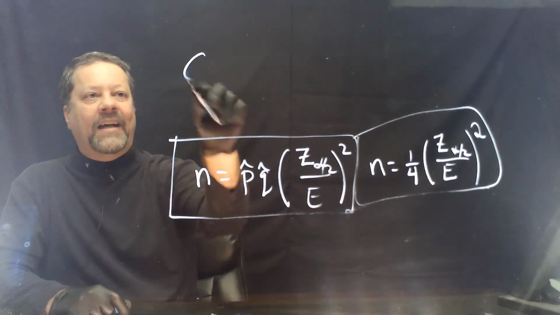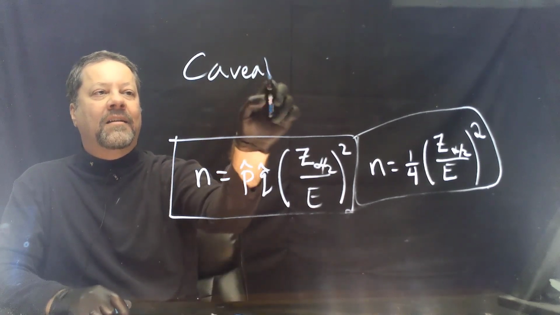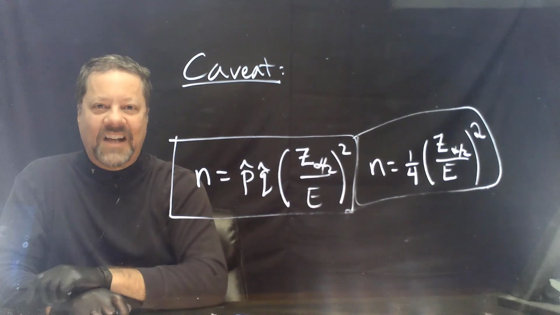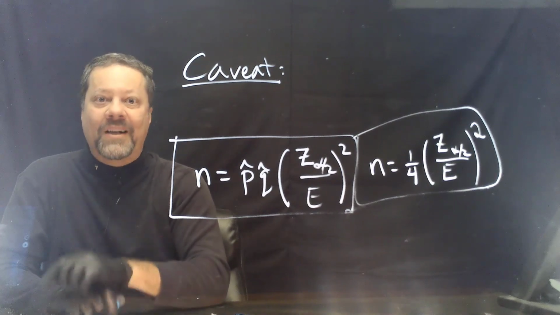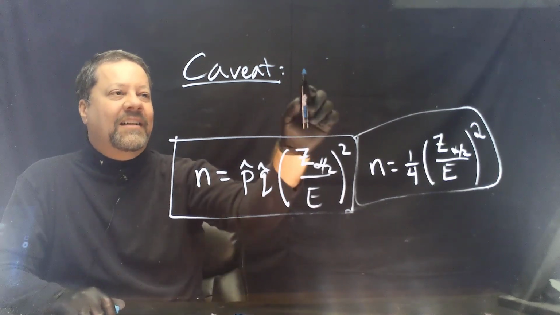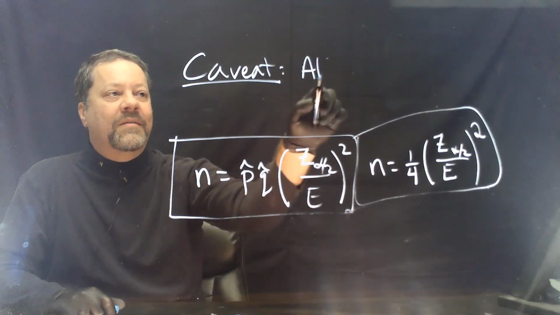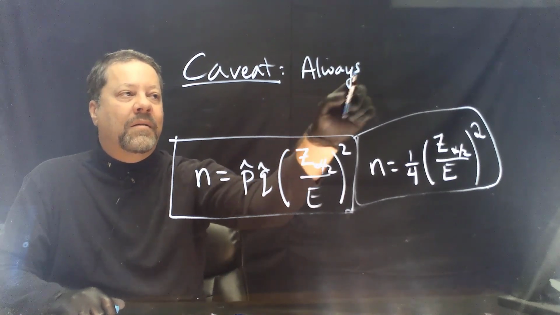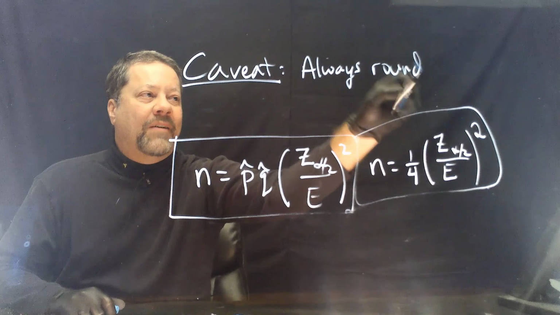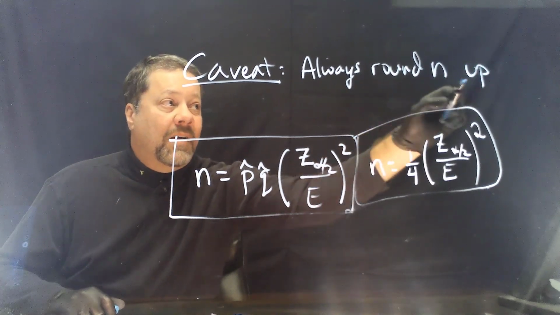You'll use this when you have no idea what the proportions are. One little caveat, and caveat is the Latin word for beware, a little warning. You always round n up.